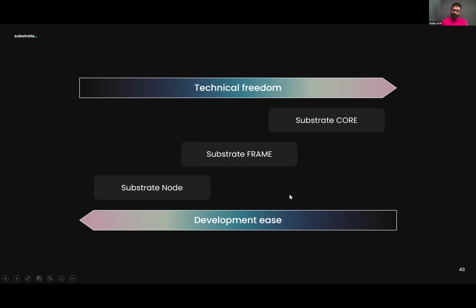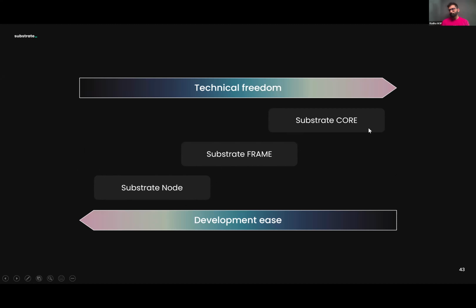So the way it works is, as a fresh developer on Substrate, the first thing you get exposed to is a Substrate node. It's like a Substrate template node. It has minimal logic, and with a template pallet, you're free to develop whatever you want there. And then you go a little further, work with Substrate FRAME itself, the pallets, develop your own pallets.